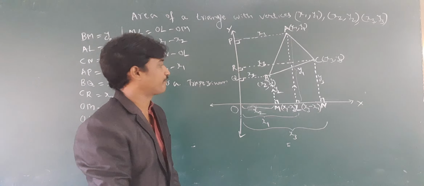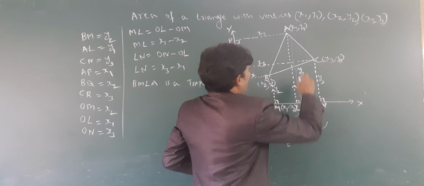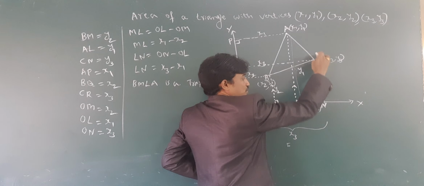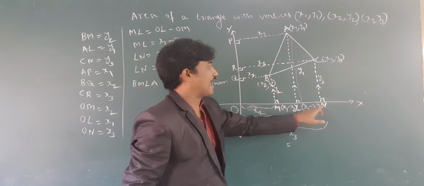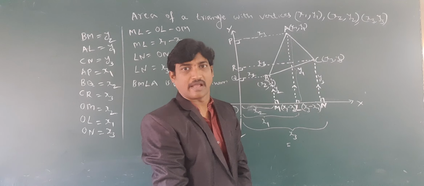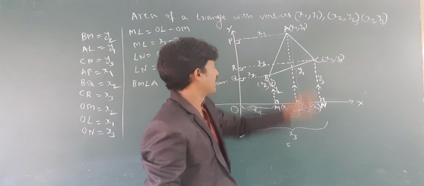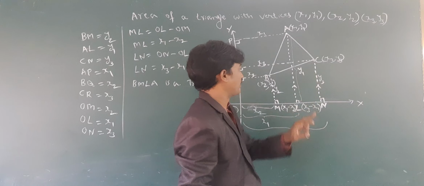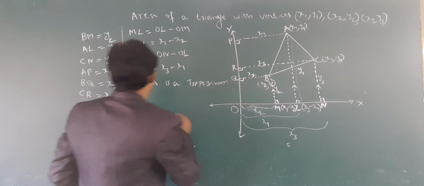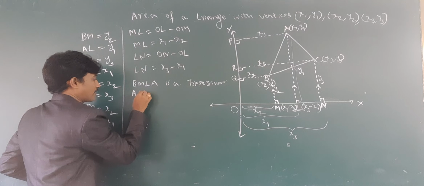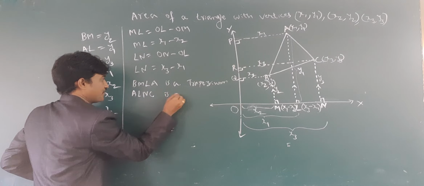Here AL is parallel to CN, so ALNC is also a trapezium, since one pair of opposite sides is parallel.